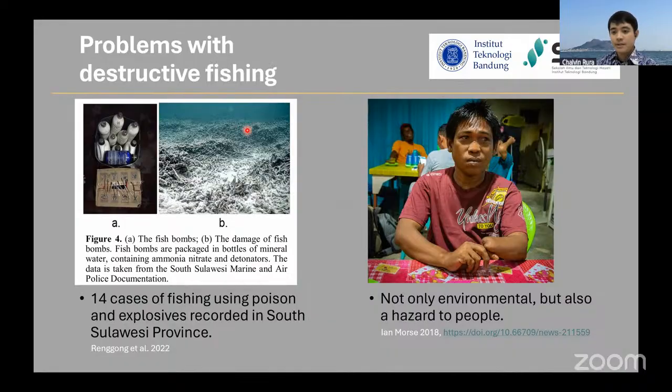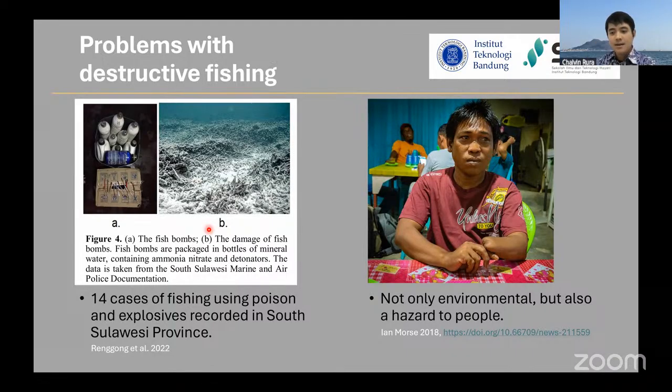enforcement or deterrent to stop people from using destructive fishing, especially bombs. Like in the picture on the left, you can see the coral reefs are the most affected, because it promotes coral bleaching or even destroys the habitat, using explosives or poison like cyanide.